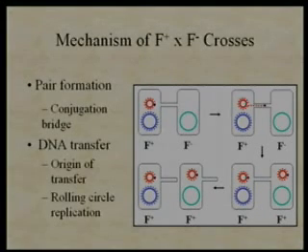The other explanation as to why you do see some transfer in these types of situations is that the transfer may not, in fact, be mediated by the F+ strain, but it may be mediated by HFR strains. Because remember, F can integrate into the chromosome. So if you have a large population of F+ cells, there may be somewhere in that population one cell in which the F factor has, in fact, integrated into the chromosome.